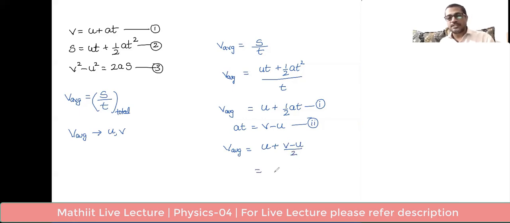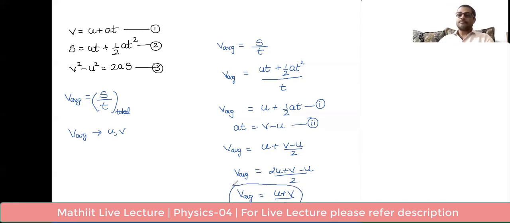Now, if you take the LCM, (2u + v - u)/2. Therefore, v average is equal to (u + v)/2. So we are able to find out average velocity in terms of initial velocity and final velocity. Some simple mathematics, a simple rearrangement, and you are able to get something useful using those three equations.